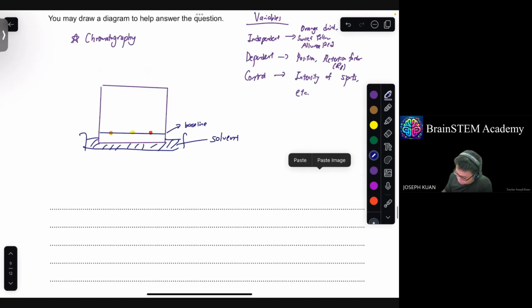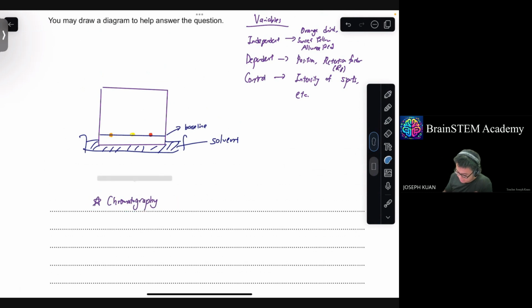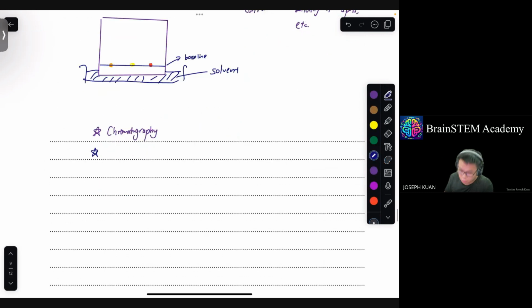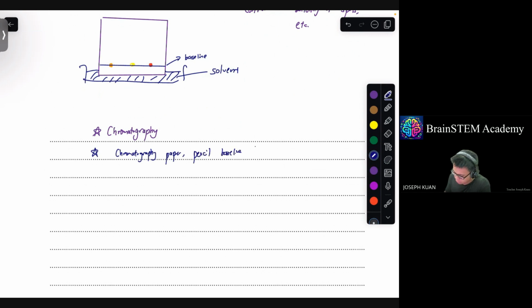So with that said, let's figure out the marks. The first mark is chromatography, and the second is to use a piece of chromatography paper. Then you can draw a pencil baseline, or origin.